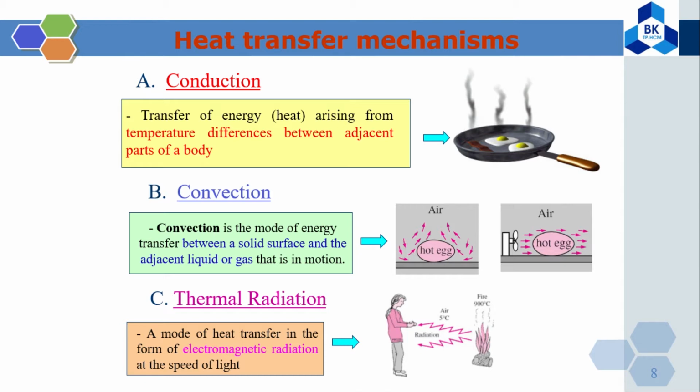When you put the hot egg outside in the surroundings, the hot egg will be cooled down. How can it be cooled down? First, the air surrounding the hot egg becomes hot, its density becomes less, and it moves up, and the surrounding air occupies the space of the hot air.